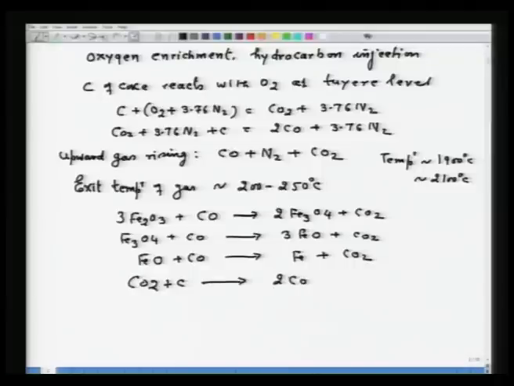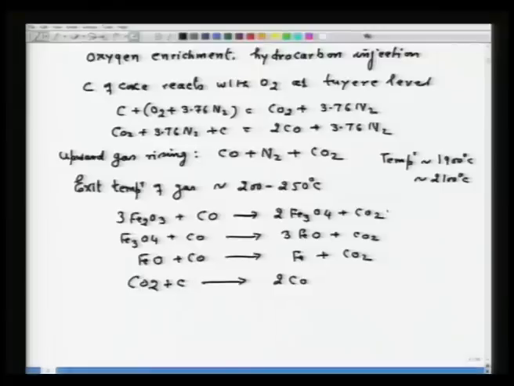So, these reactions are happening as a result of heat and mass exchange between the upward rising gas and the downward movement of the burden.